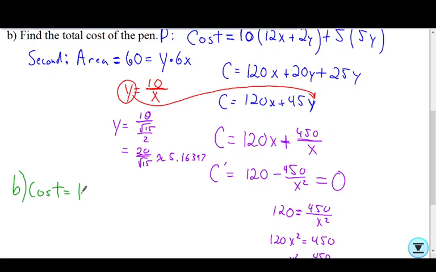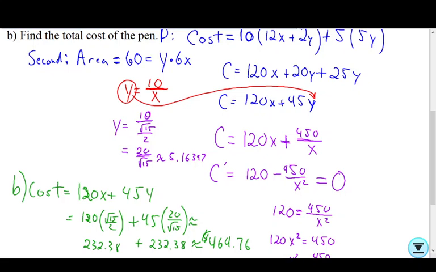And the cost is equal to, if we go back to our equation right here, that's 120x plus 45y, which means it's 120 times the 15 over 2 plus 45 times 20 over the square root of 15, which is approximately $464.76.